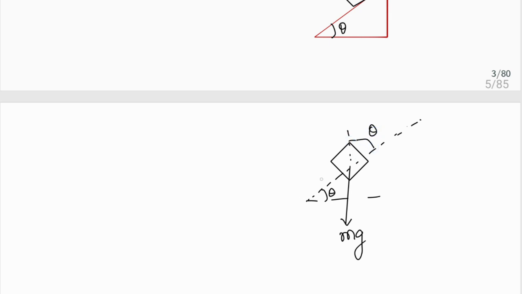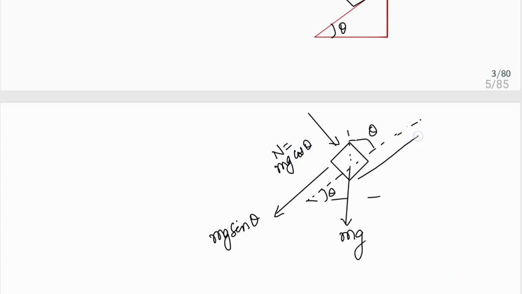Okay, so this component of the mg will be mg sin theta, and the vertical component, which is the normal component, will be mg cos theta. So friction will be this, upward, and this will be mu s into N.